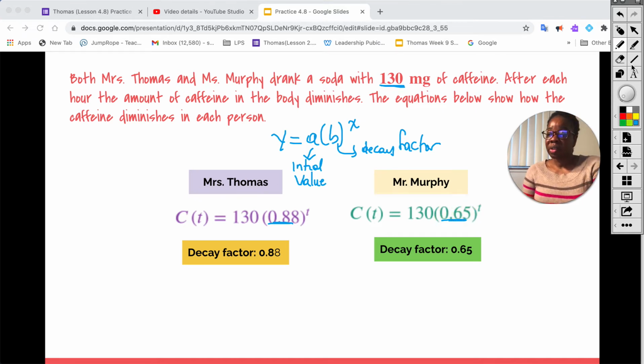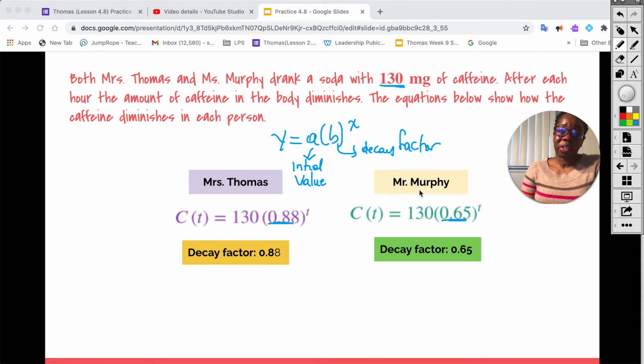So the question we're saying, in whose body is the caffeine diminishing quicker? Well, if we examine these numbers, we can carefully see that 0.88 is a higher number than 0.65. And what that means, if that is the remaining value of caffeine in each person's body, is that Mrs. Thomas would have more caffeine in her body by the hour than Miss Murphy.